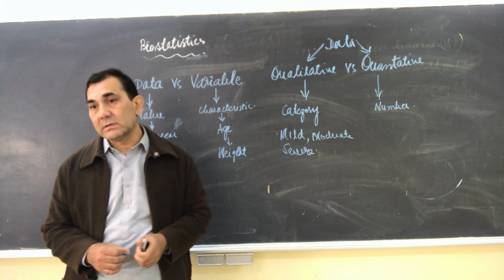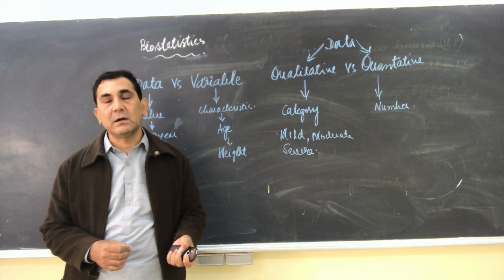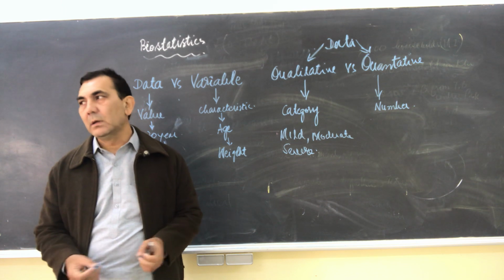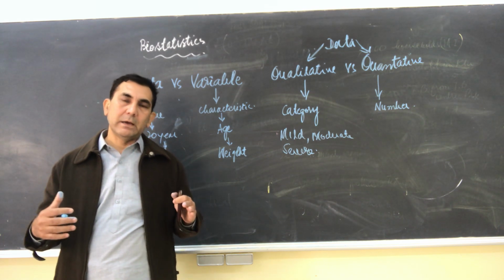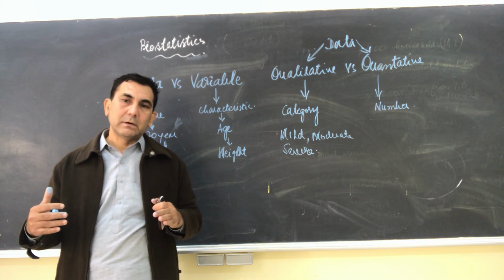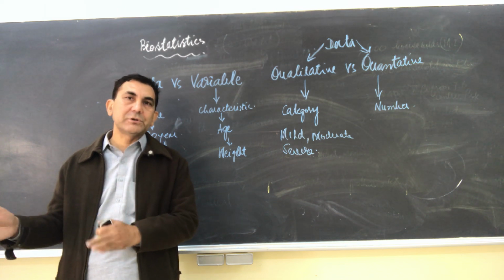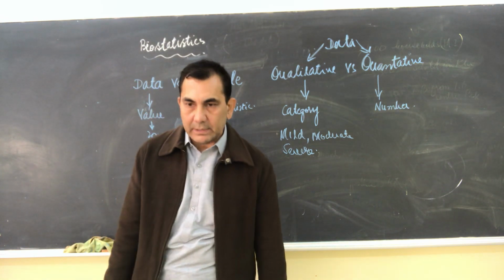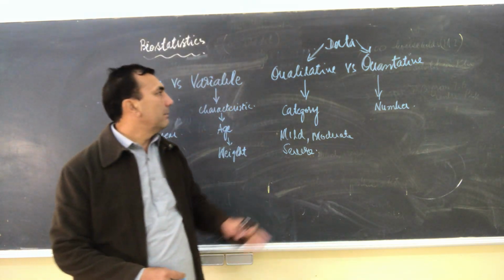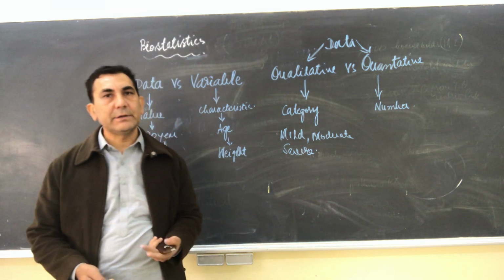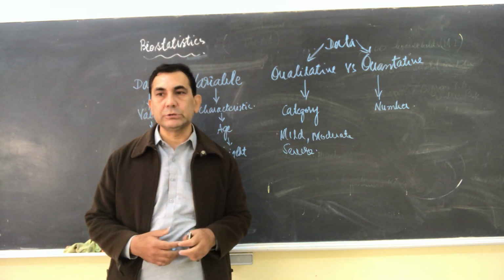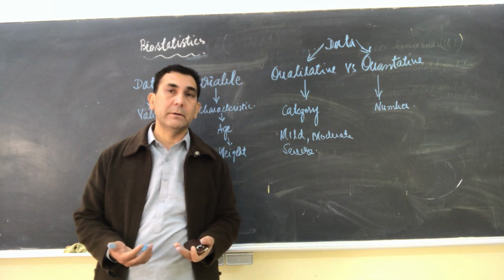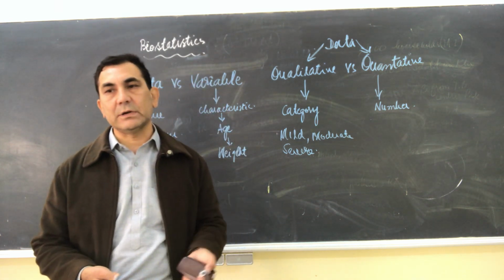So it is again a type of qualitative data. Nationality: Pakistani, Afghani, Irani, UAE, Arabic countries. These are regional, and the nationality of different countries is again a form of categories, so it is qualitative data. Now examples of quantitative data are the height, weight, and age of the patient, and years of schooling: 15 years, 20 years, 30 years.